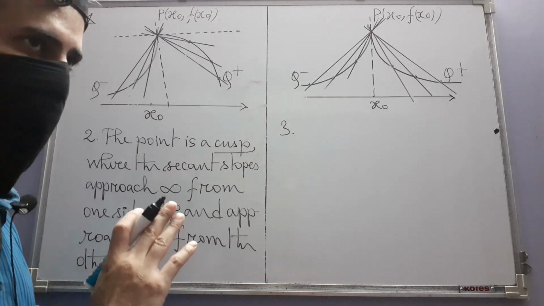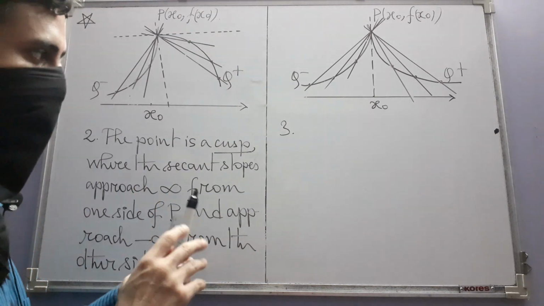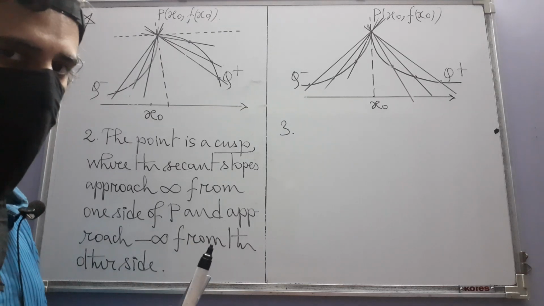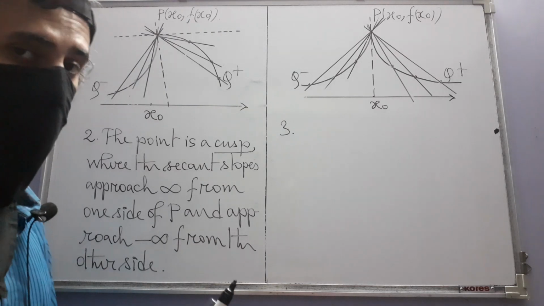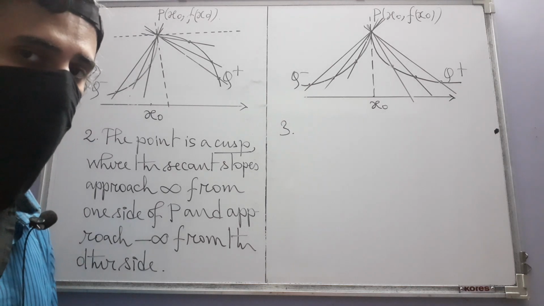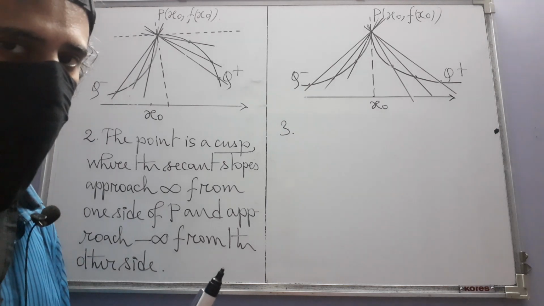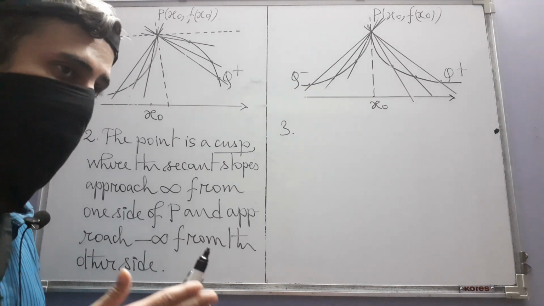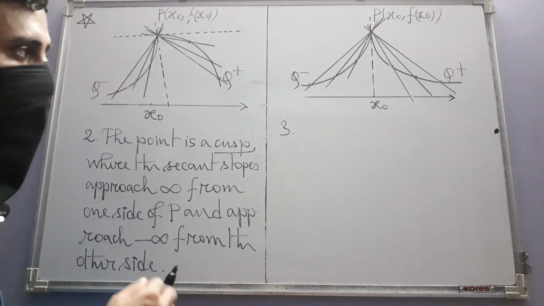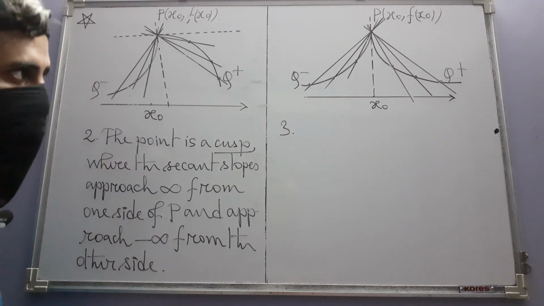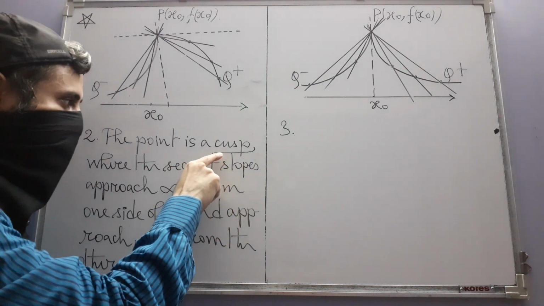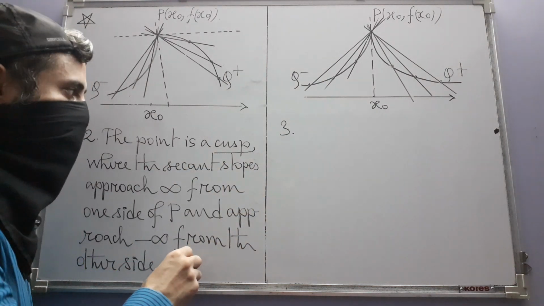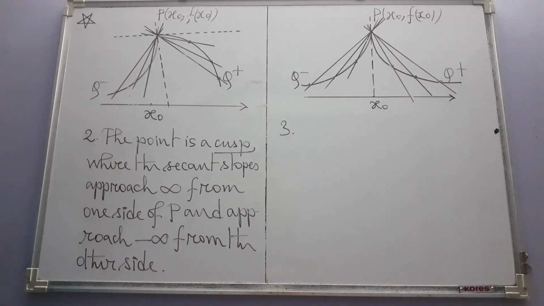If you have a vertical tangent, which has slope infinity or minus infinity, then it has to happen from both sides. Either the slope is plus infinity from both sides or the slope is minus infinity from both sides. That is not the case here. That's why we do not say that the graph has a vertical tangent. We say that the point is a cusp.